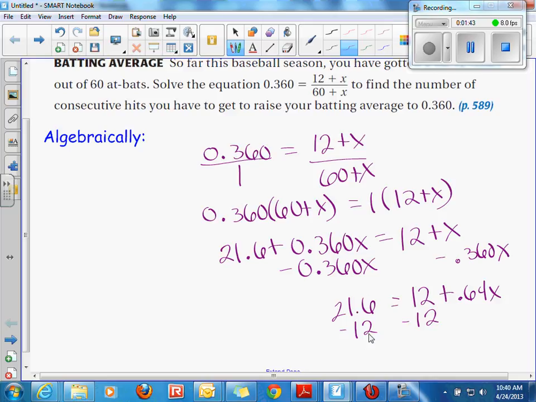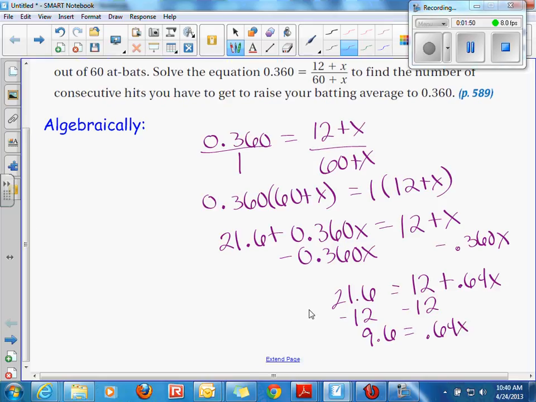That'll give me 9.6 equals 0.64x. And then divide by 0.64. And that gives me x equals 15.